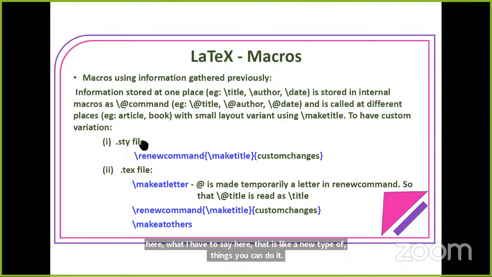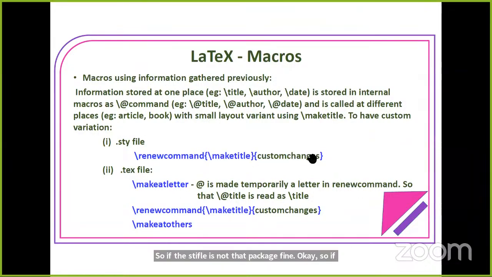If I'm using it in a sty file, I can directly use renewcommand, and I can complete it. But if I'm using it in the dot tex file, then I have to use makeatletter and makeatother. These two commands are necessary, and in between these two commands I will insert this slash renewcommand. So you need to keep this in mind.